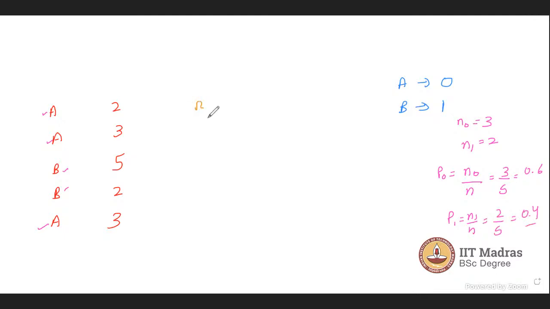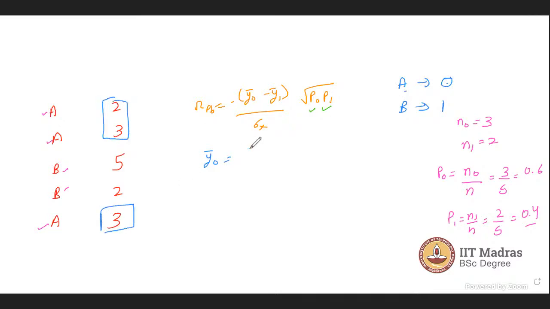If you remember the formula, it's y0 bar minus y1 bar upon sigma x, times root of P0 P1. By now we have found the values of P0 and P1. Next is y0 bar, the mean of values which belong to category 0, category A. So the mean of these 3 observations is 8 by 3.